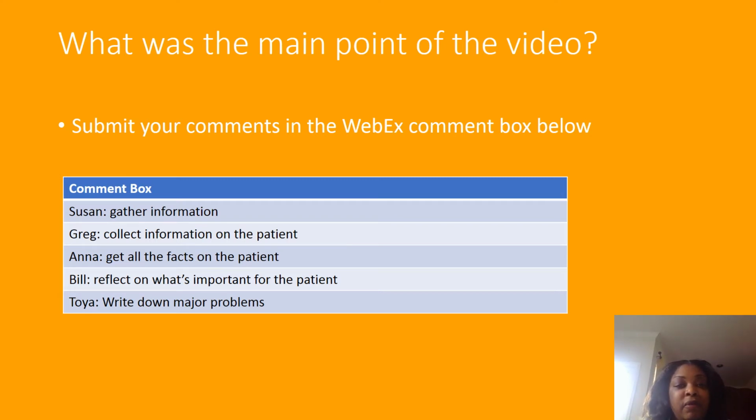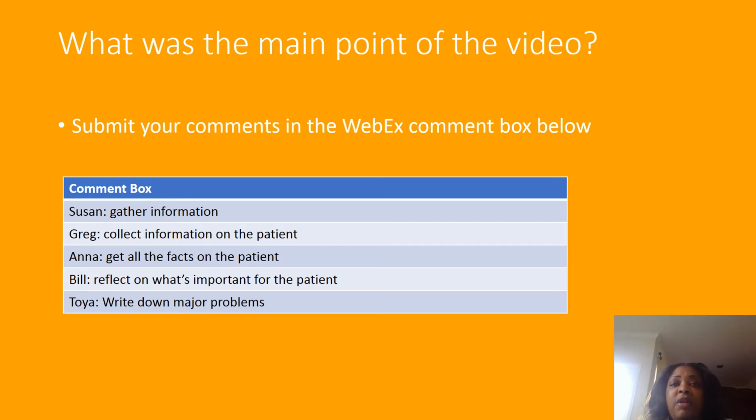Many of you, your responses were similar. The purpose of having a plan for developing a care plan was that you want to gather all the information, and that is correct. You want to gather as much information as possible on the patient before you begin to develop a care plan. So you want to paint a very descriptive picture of this patient.